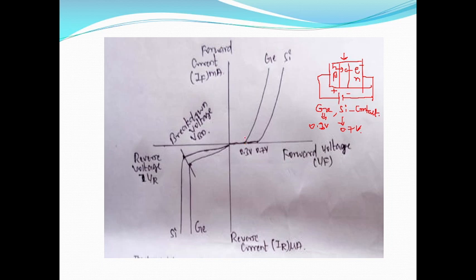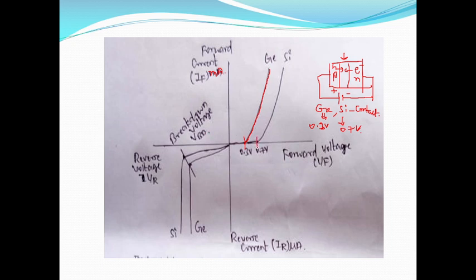After this contact potential, as the forward voltage increases, the current also increases in forward bias. This current is due to the flow of majority charge carriers. This current is measured in milliamperes.